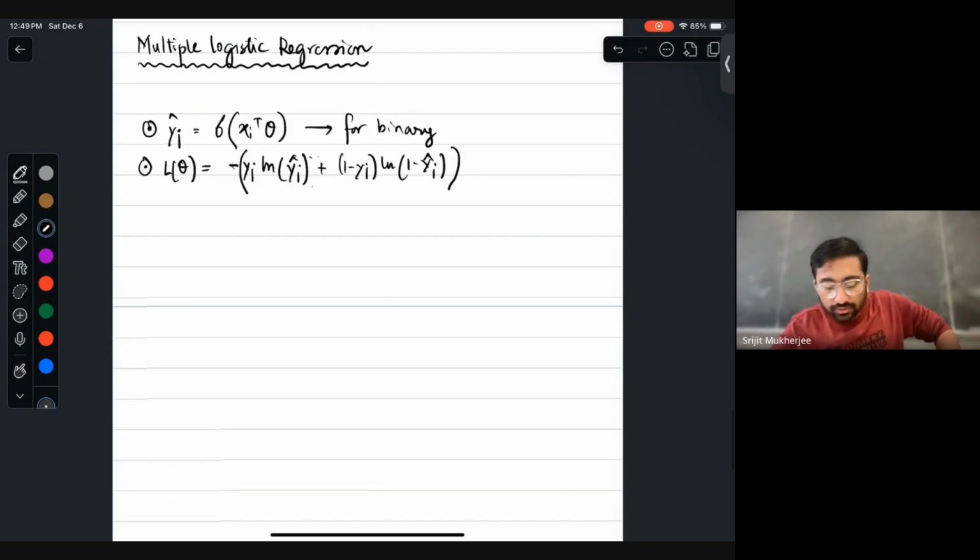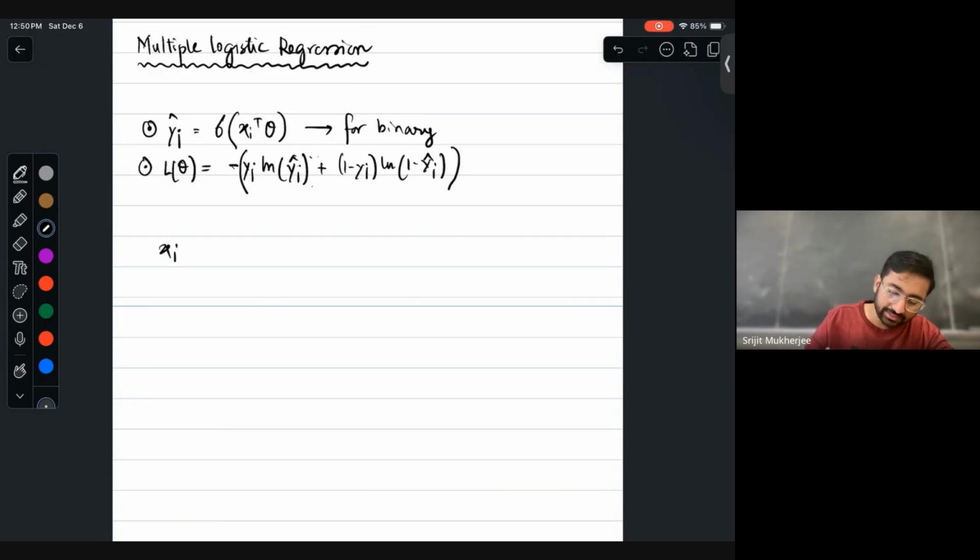So you can see now the different layers. Initially it was xi, then you got this xi transpose theta, then you got this sigma, and then you got this loss. At this point the output is called yi hat.